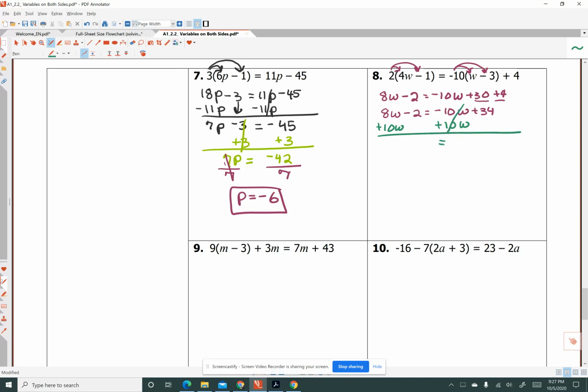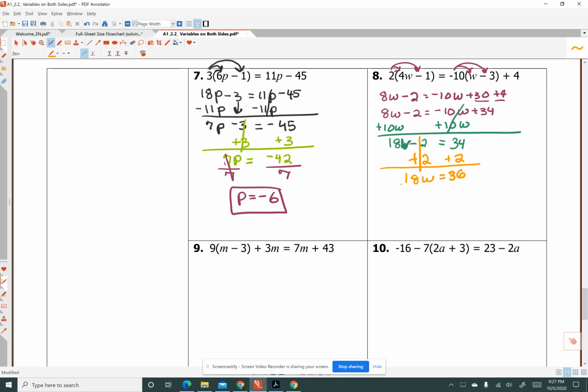So on the right side of the equation, I have 34. On the left side of the equation, I have 18w minus 2. So let's add the 2 to both sides so we can isolate that 18w. 18w equals 36.